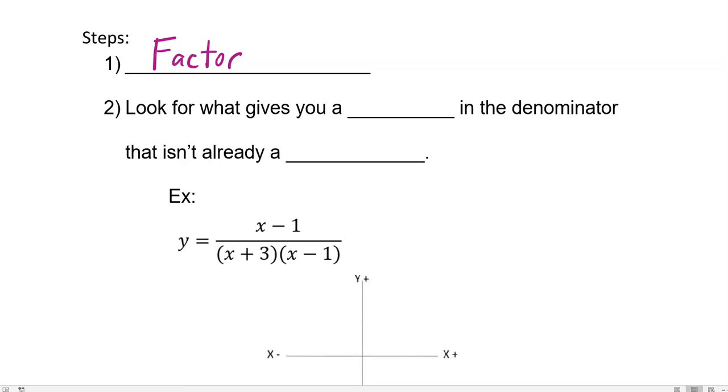You want to look for what gives you a 0 in the denominator, so the bottom of the fraction, not the top. A lot of people get mixed up. Just looking at the bottom, that isn't already a hole. So if you've located it as a hole, it can't also be a vertical asymptote. It's one or the other. It cannot be both. Okay?